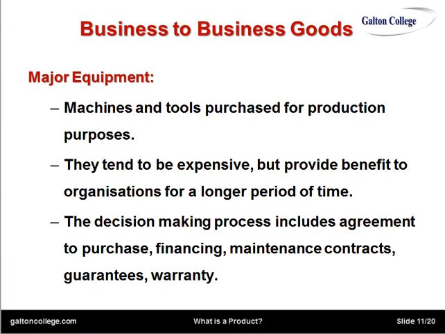Machines and tools are also items that involve business to business purchases. They tend to be expensive, but provide benefits to the organisations for longer periods of time. So the decision making process includes agreement to purchase, financing, maintenance, contracts, guarantees, warranties, and so on.